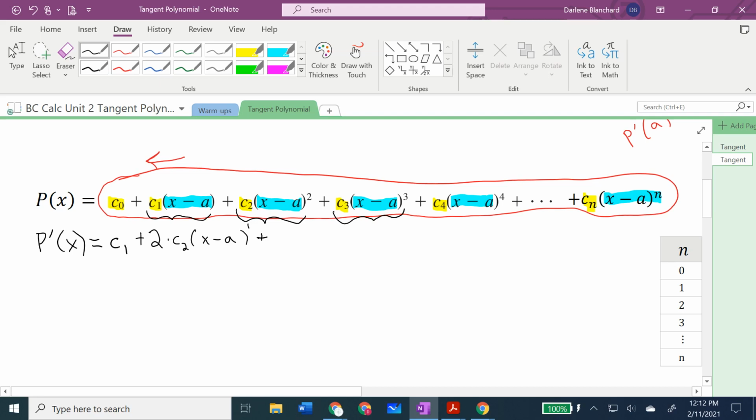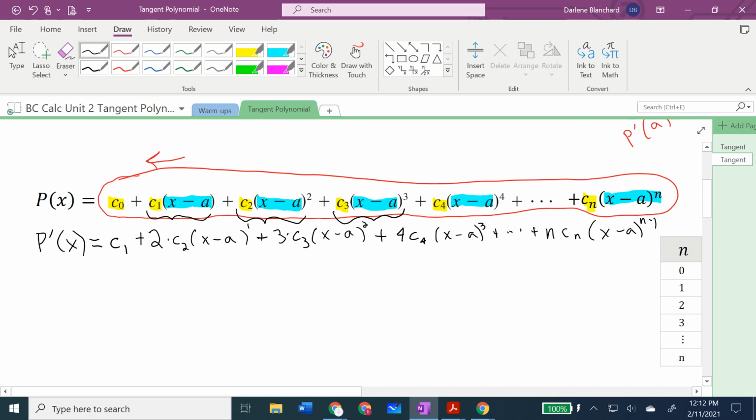Then next term, we have 3 times (x minus a) squared. Derivative of x minus a is just 1, so constant multiple is C sub 3. And then next, 4 times C sub 4, (x minus a) cubed. And then the general term, n times C sub n, (x minus a) to the n minus 1.